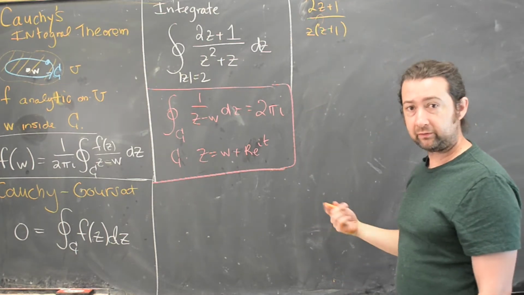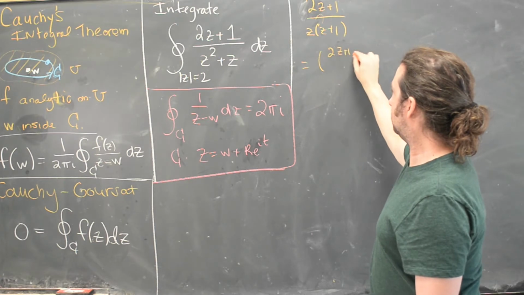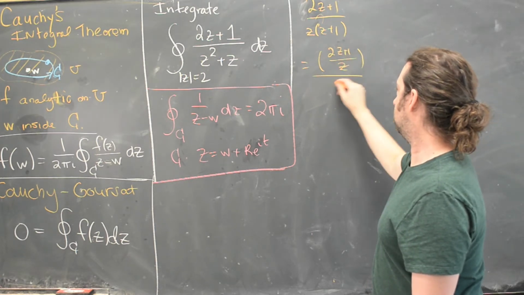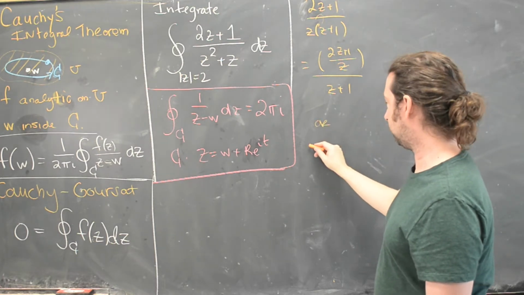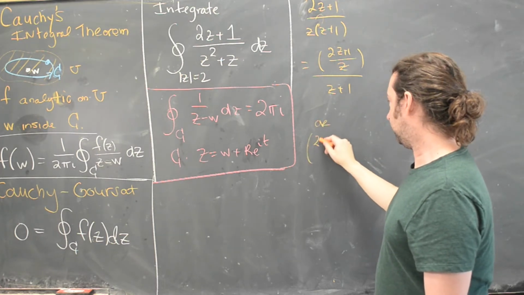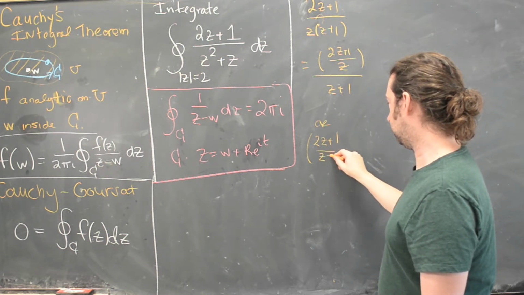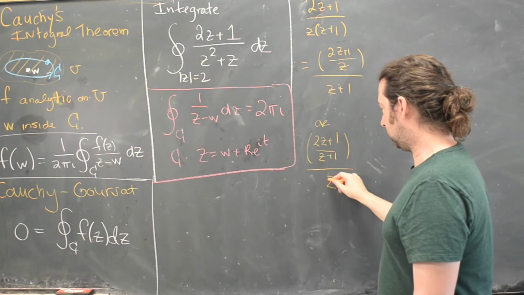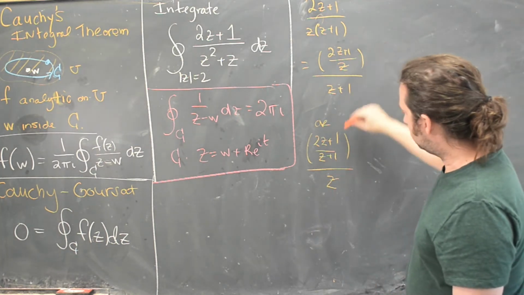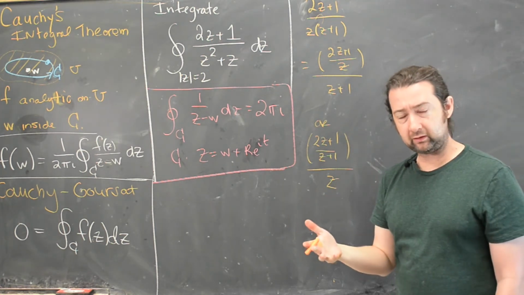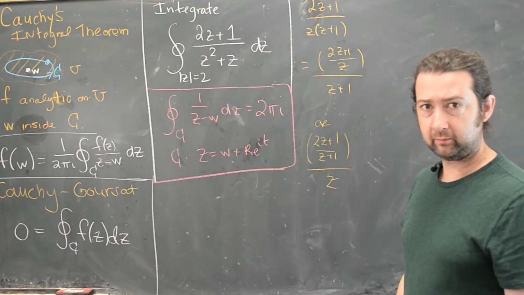I can think about that function as either 2z plus 1 over z plus 1, or I could think about that function as 2z plus 1 over z plus 1, and then divide it by z. And after this rearrangement, if in either case this function or this function happens to be analytic inside the contour that we're integrating around, then I can directly apply Cauchy's integral theorem.